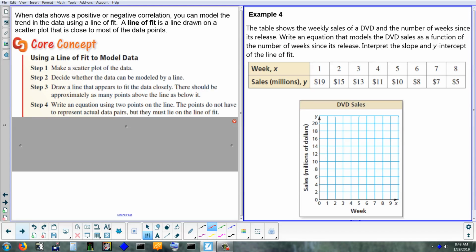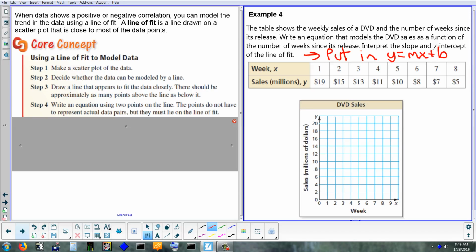We haven't done that yet. Based on the line of fit that we draw, we have to put it in slope-intercept form, y equals mx plus b. That's what that means.